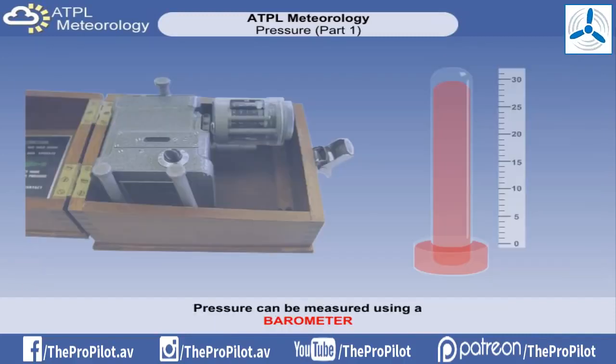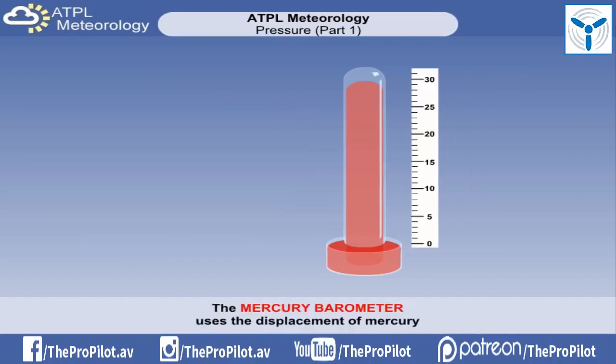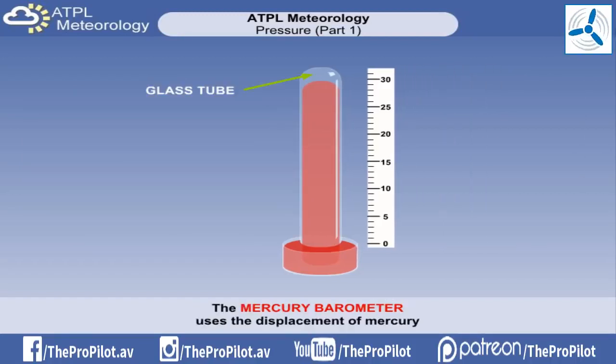We will now look at how pressure is measured and represented in meteorology. As we mentioned earlier, traditionally pressure was measured using an instrument called a barometer. There are two types, an aneroid barometer and a mercury barometer. A mercury barometer consists of an inverted glass tube of mercury with its open end inside a reservoir at the bottom.